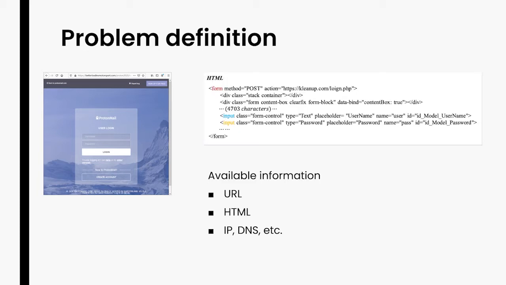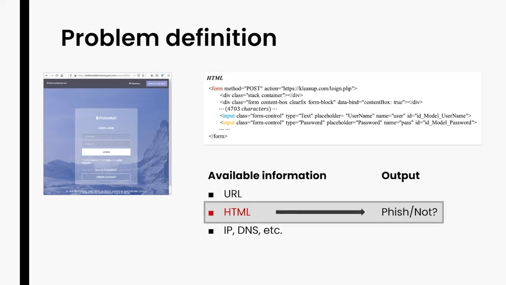The information used to detect phishing web pages includes the URL, the HTML codes, and other external information such as IP, DNS, etc. This is an example of the HTML code of a phishing web page. In this work, we focused on using HTML codes as input and build a model that can predict whether a web page is phishing or not.